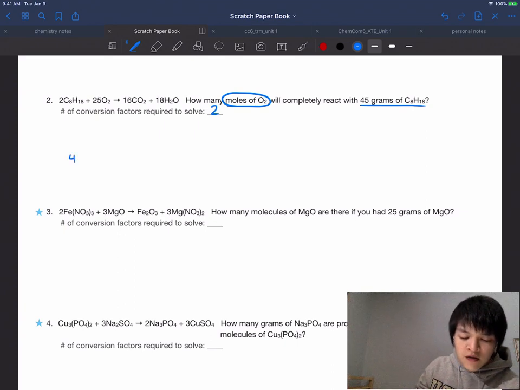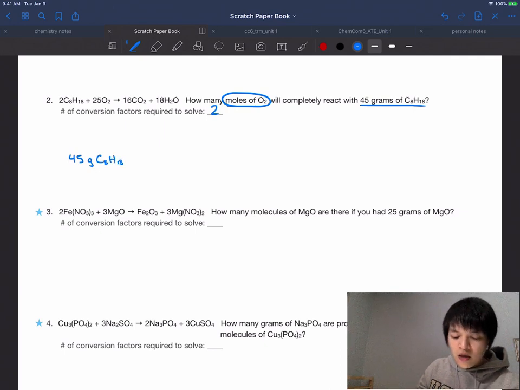Let's start by writing down 45 grams of C8H18 times, draw a line. The unit that's on the bottom of our first conversion factor is grams of C8H18 because that's what we wrote down already.